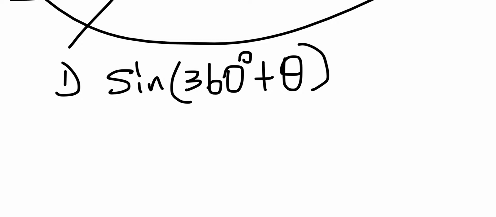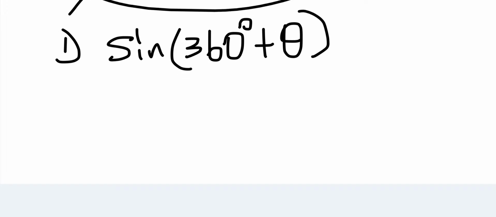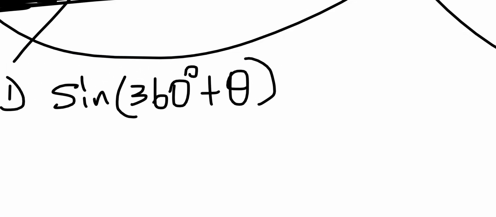Most importantly, what they want us to do is to rewrite this as a function value of theta. We do not want a bigger angle or anything of that nature. We want to remove everything and write it in the form of theta. If it's beta, beta, if it's alpha, whatever. So we need to remove that 360 degrees.